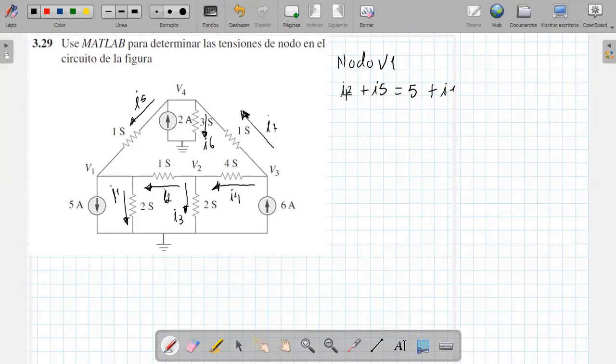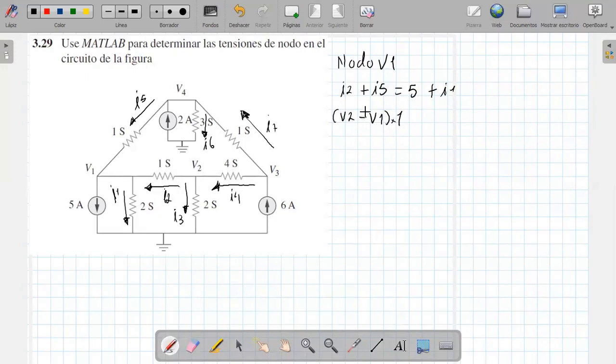Okay, now the current 2 is therefore the voltage V2 minus the voltage V1 multiplied by the conductance. That's why we see what this conductance is.